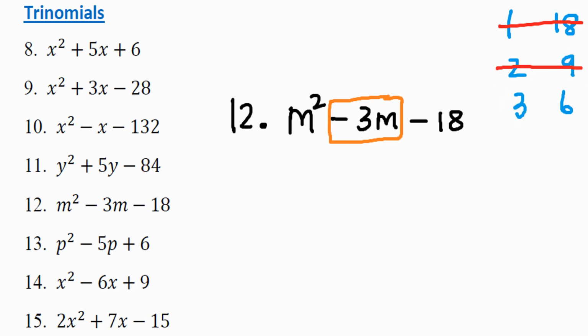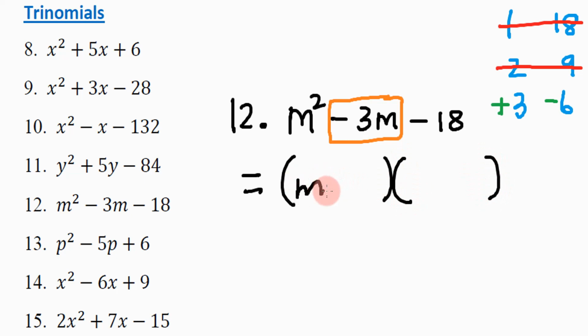3 and 6 can give us negative 3 if the 6 was negative and the 3 was positive. We check that when we multiply them, we get negative 18. So positive 3 times negative 6 does give us negative 18. Now we open two sets of brackets.